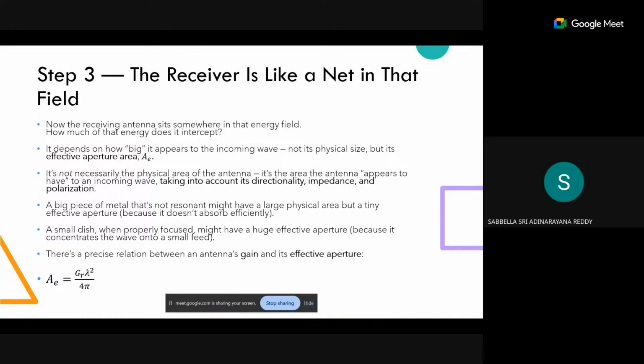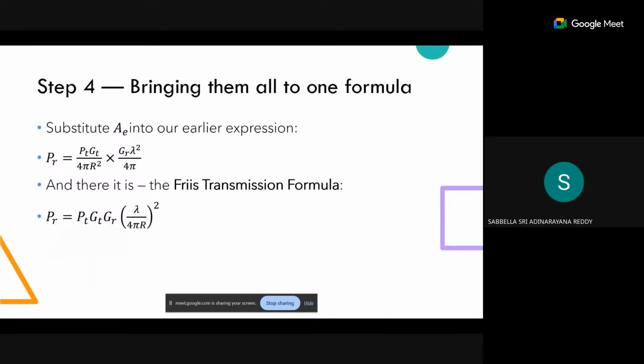So if we multiply that with the power density that we got before, the radiation intensity, then we are going to get PT GT by 4 pi r square into GR lambda square by 4 pi. This particular formula is called the Friis transmission formula.